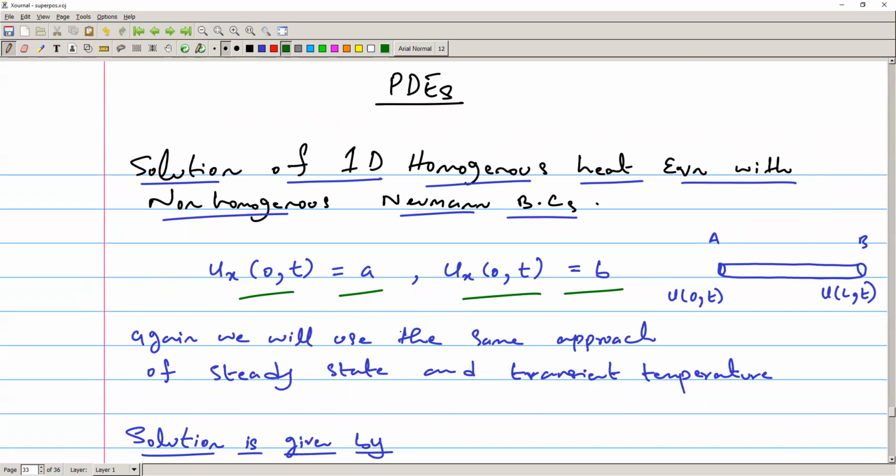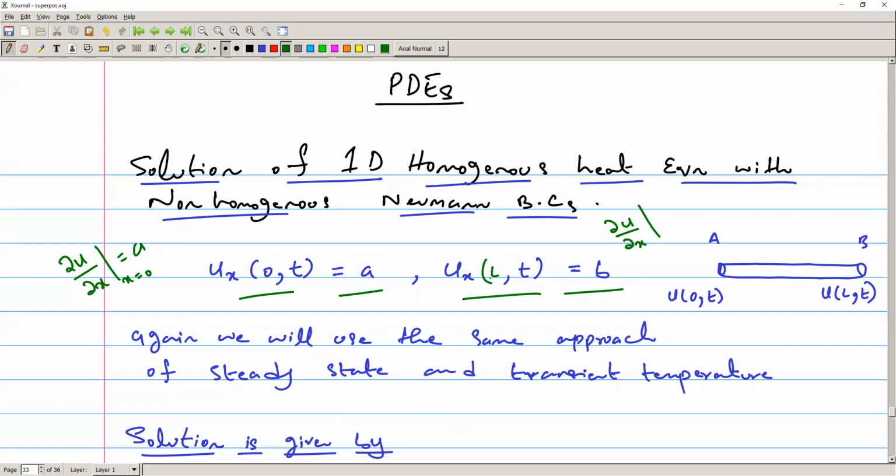So there is some constant at both ends, that is A and B, but their derivatives, that is du over dx at x equals 0 equals A, and du over dx at, sorry, this is not 0 comma t, this is L comma t.